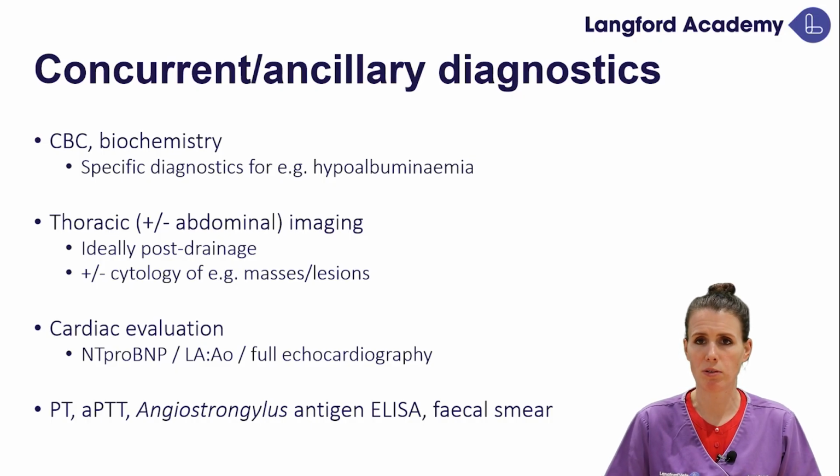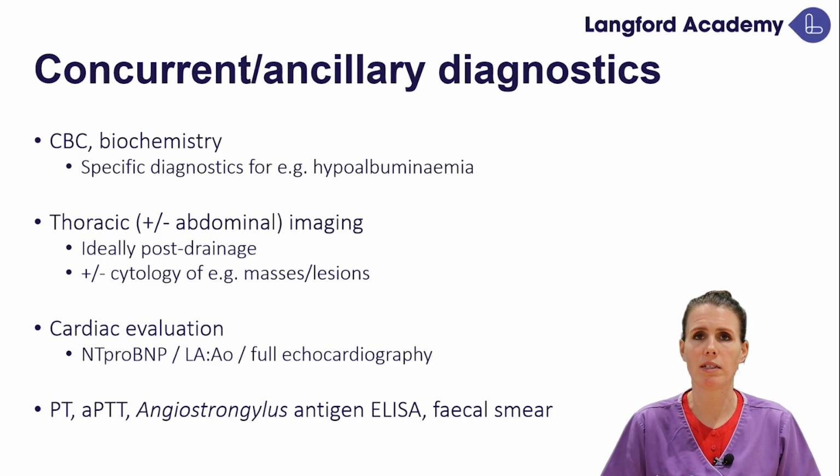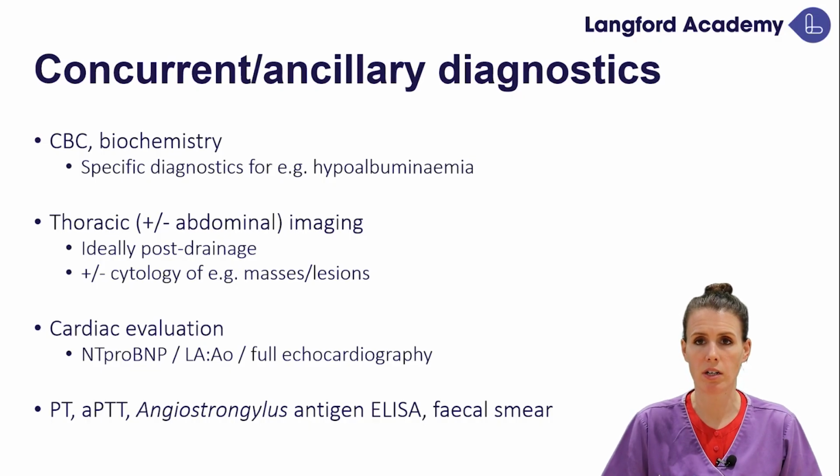And then we may want to, as we said, perform cytology of any masses that are present. Cardiac evaluation can be helpful, and if we've got a suspicion for cardiac disease, this should come right at the beginning of our ancillary diagnostics. If we have not got the ability to do cardiac assessment in-house, then learning point of care ultrasound, at least to get a subjective impression of the heart, but also things like your NT-proBNP that's got a good sensitivity and specificity for cardiac disease and can help as a differentiator, and both cats and dogs is valuable.